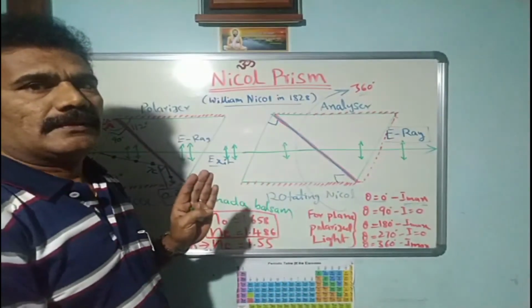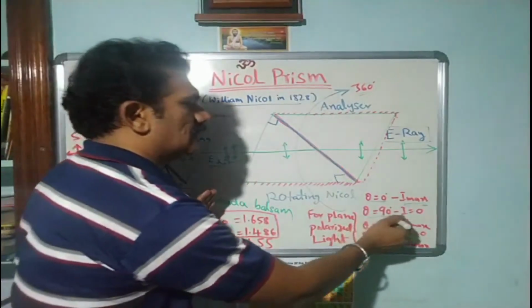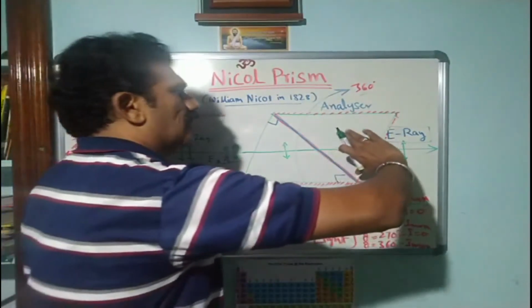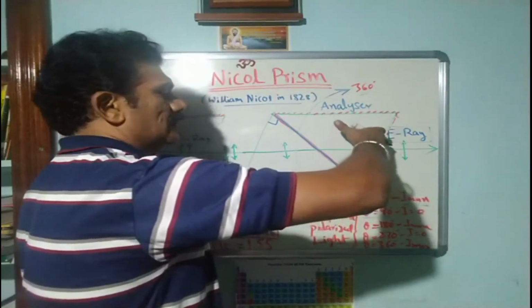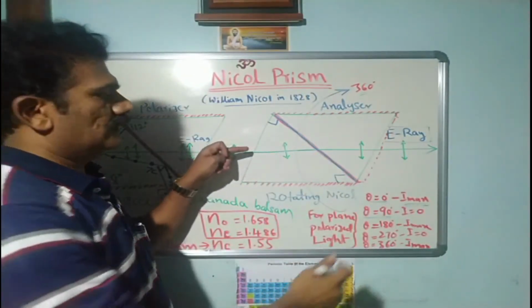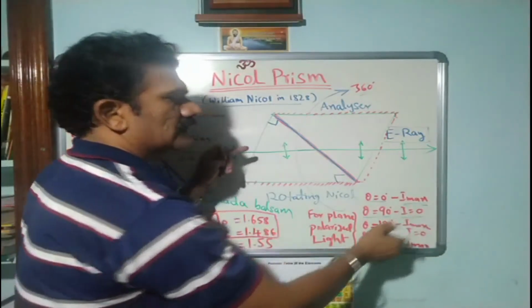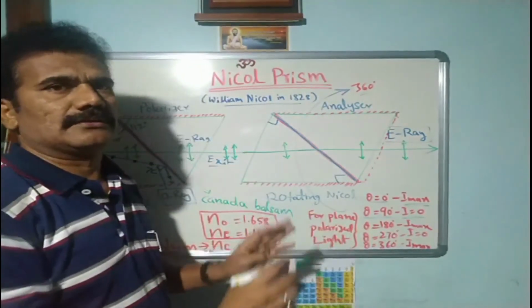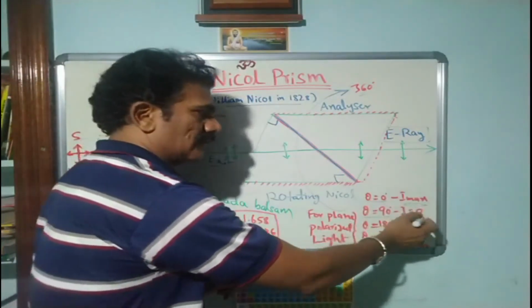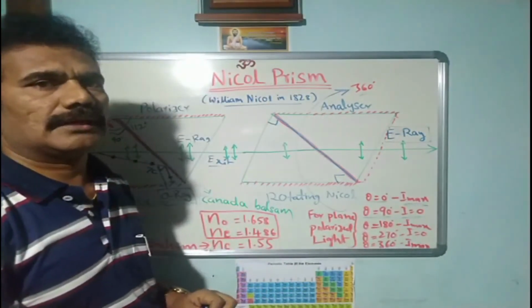Clear? Next, when theta is equal to 90 degrees, you have to rotate the analyzer so that it makes the angle theta with the incident ray. Then the maximum intensity decreases and finally becomes 0 at theta equal to 90 degrees.